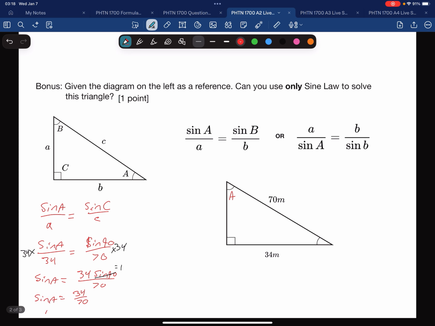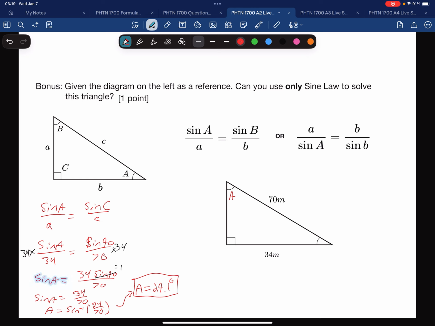I'm going to take the inverse sine of both sides. And this is going to be very close to 30 degrees. So 34 divided by 70, 29.1. So A equals 29.1 degrees. Okay, great. We got one of the angles.